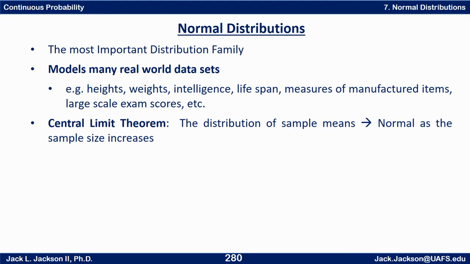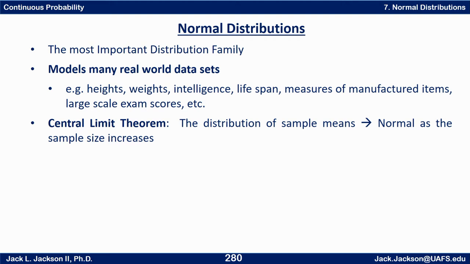So, if you did a large population and we looked at heights of people or weights or intelligence, lifespan, other biometric measurements, blood pressure, they would have a tendency to follow a normal distribution or something at least closely approximated by that. Measures of manufactured items, mass, weight, volume of liquid dispensed by a machine, length of something that we're making.